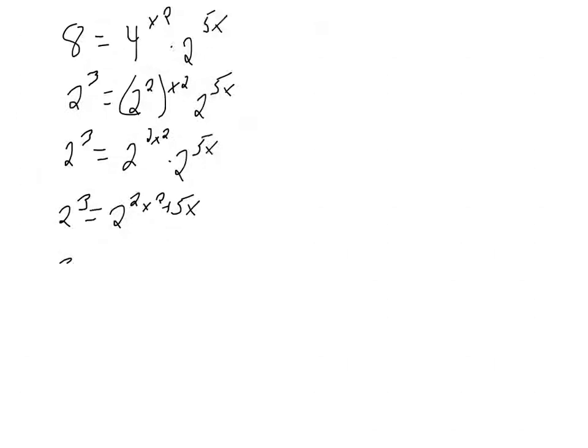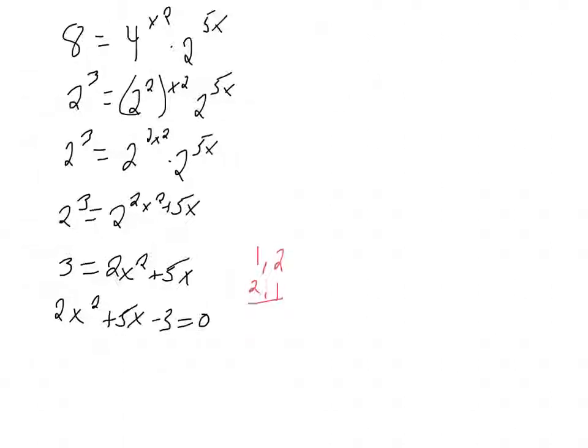Drop the bases. Yeah, just go ahead and equate. And so we end up getting 2x squared plus 5x minus 3 equals 0. I'm going to do a little fishbowl for that. 1 and 2, 2 and 1, 1 and 3. We're looking for a difference of 5, which we get from 6 and 1.